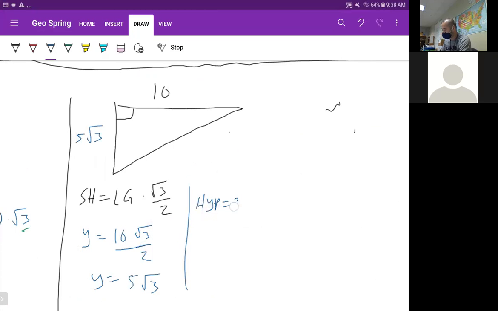Hypotenuse equals 2 times short. So x equals 2 times 5 root 3. Like terms are 2 and 5, so that becomes 10 square root of 3. So this other one is 10 square roots of 3.